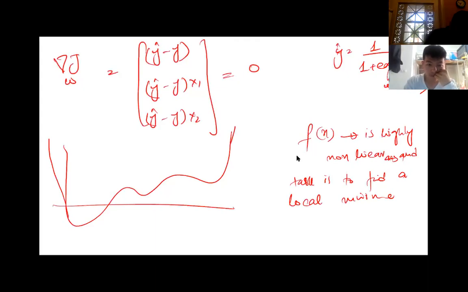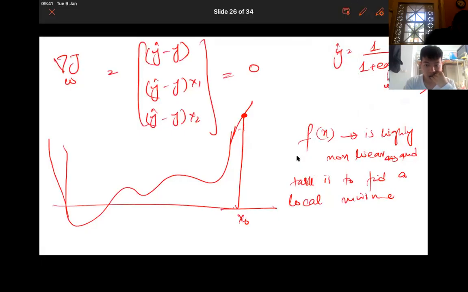What you do is initialize some value of x, let's say x naught. You start with x naught, and then you go in the direction in which the value of the function decreases. At this point you have two options: you can either go left or you can go right.